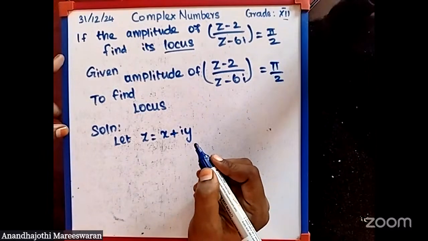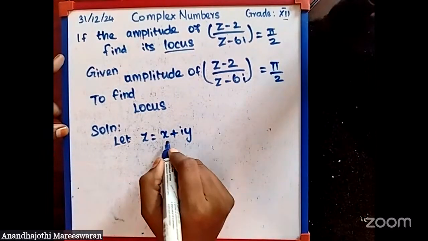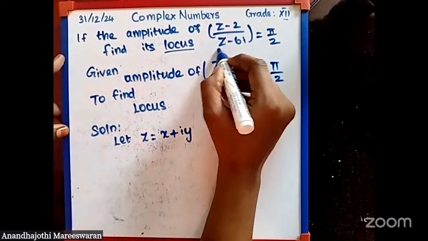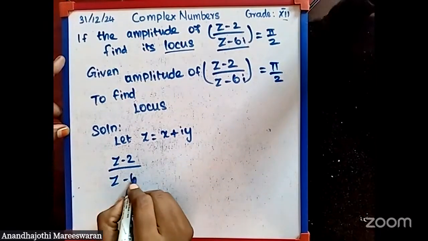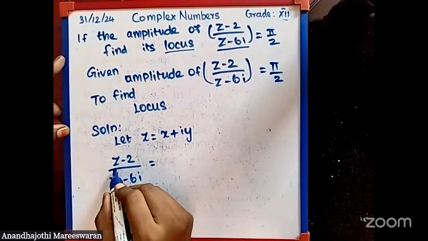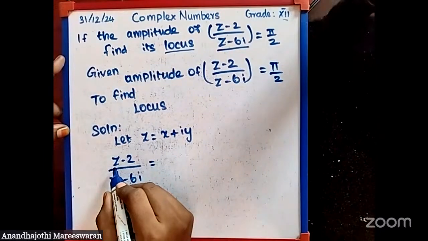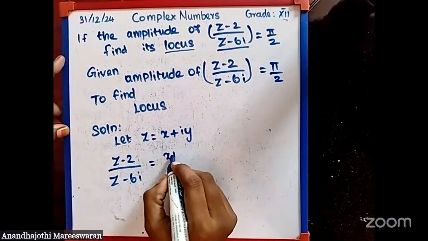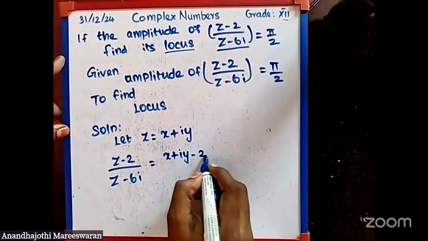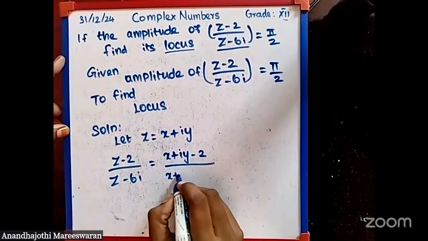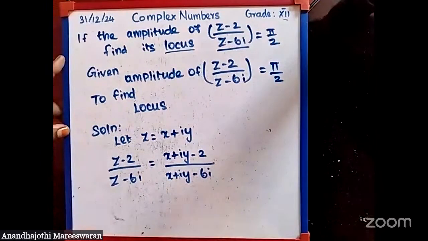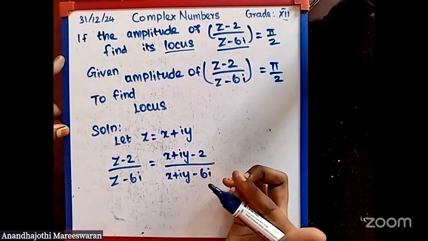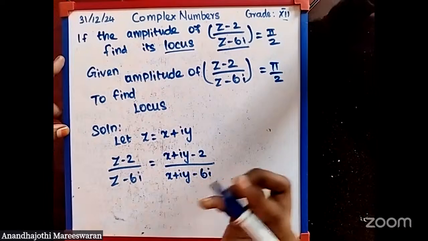Then we are going to substitute this x plus iy in this term. So z minus 2 divided by z minus 6i. In place of z we substitute x plus iy. So (x plus iy minus 2) divided by (x plus iy minus 6i). As with the previous sum, we are going to separate the real part and the imaginary part.